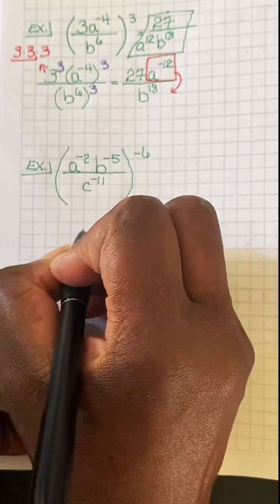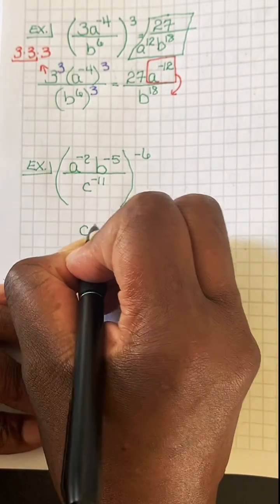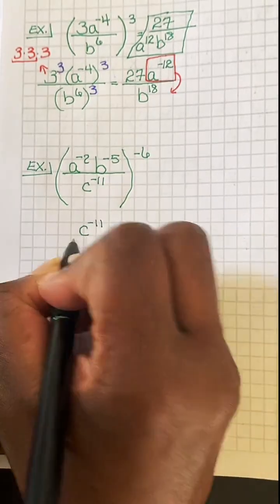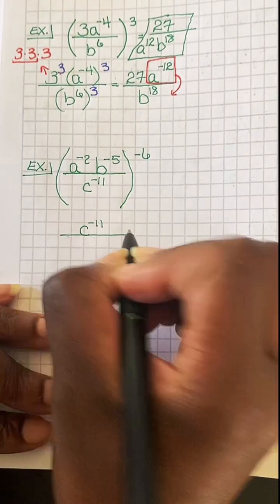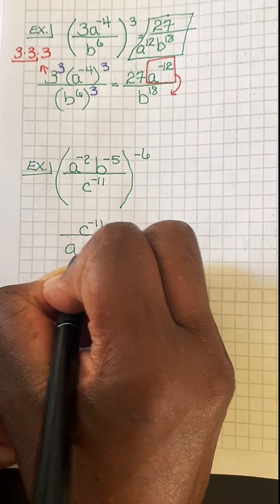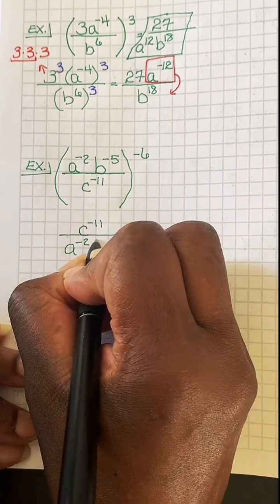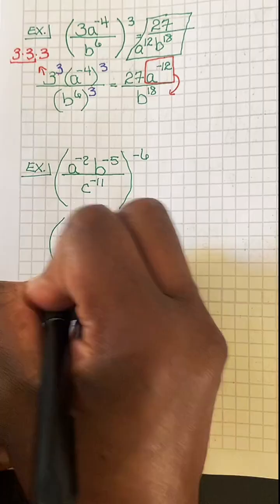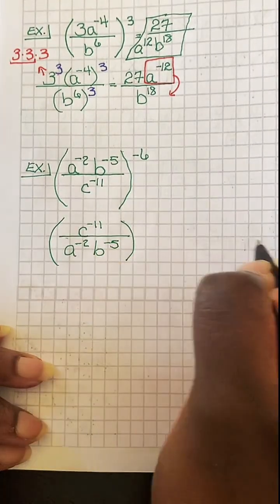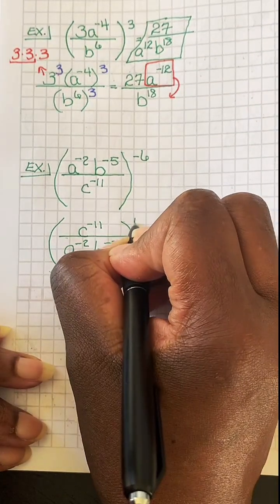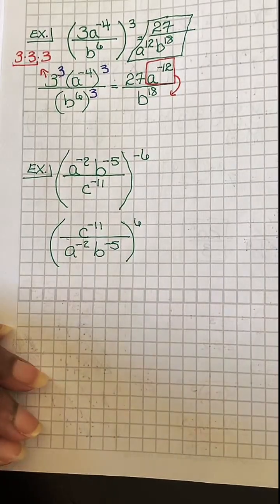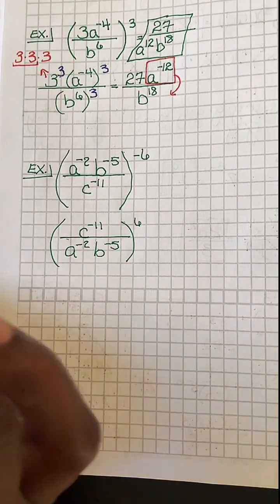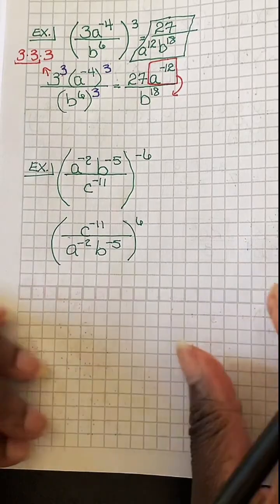So it's going to look like this. You have your c to the negative 11th over a to the negative 2nd, b to the negative 5th. So this outside could be a positive 6. If you want to flip it, that's what you can do.